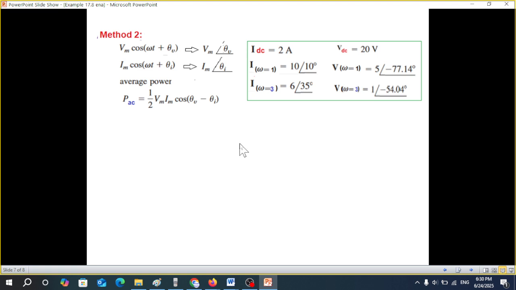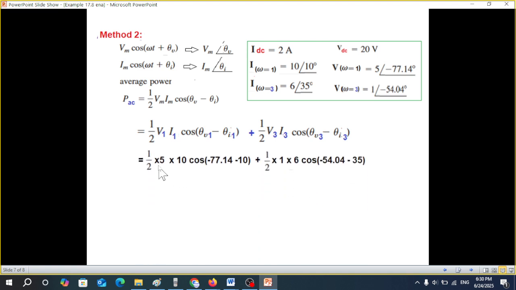PAC, first of all, we'll find, will be half V1, with the omega 1, I'm calling it V1, I1 cosine theta V1 minus theta I1. So let's plug in the first one. So half, V1 is 5 magnitude, I1 is 10 magnitude, and then theta V minus theta I. So theta V is minus 77 and theta I is 10, so minus 10.